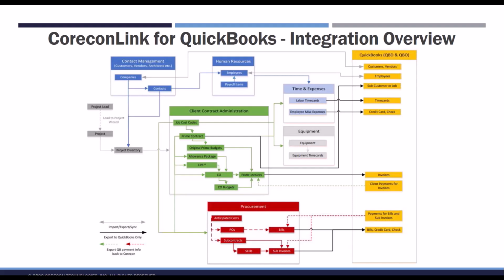There are also transactions that export from CoreCon to QuickBooks, which is a one-way export. Such things as labor time card hours, credit cards, debit cards, checks, prime invoices or progress billings, vendor bills, and sub-invoices.